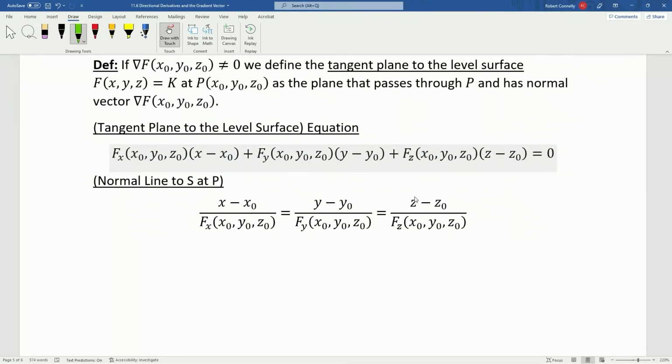Now, another thing I want to point out is that you get the normal line to S at P by taking x minus x naught divided by the partial with respect to x, y minus y naught divided by the partial with respect to y, and z minus z naught divided by the partial with respect to z. This comes from the same way we dealt with normal lines before, except this time we specifically know that our orthogonal vector, our normal vector, is given by the gradient. So these are the direction components of that gradient.